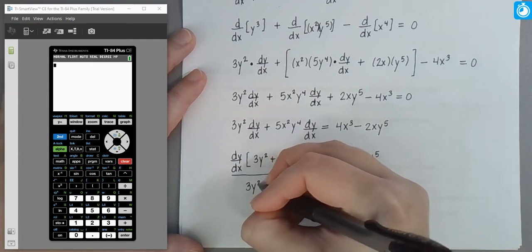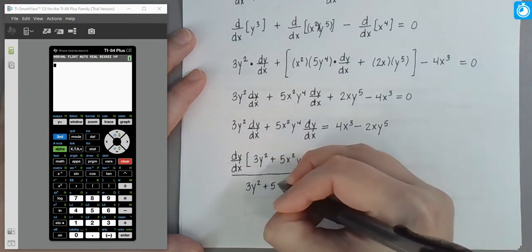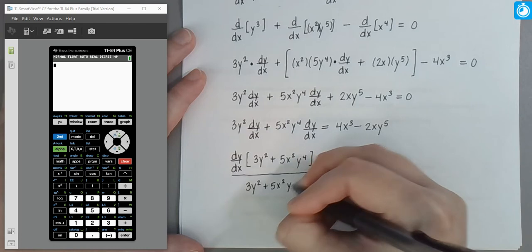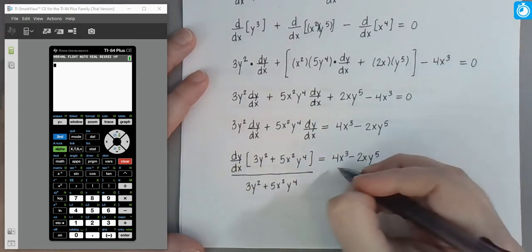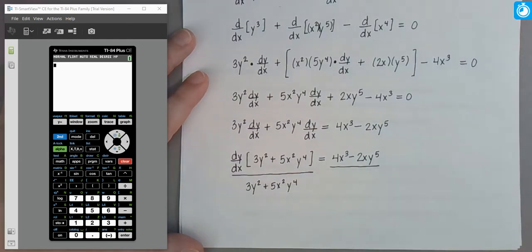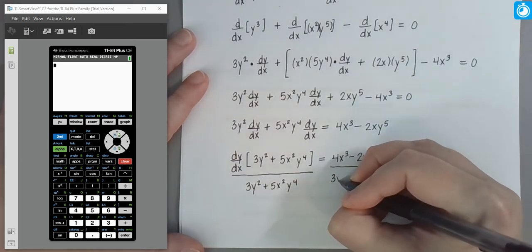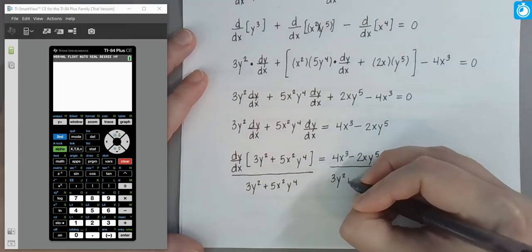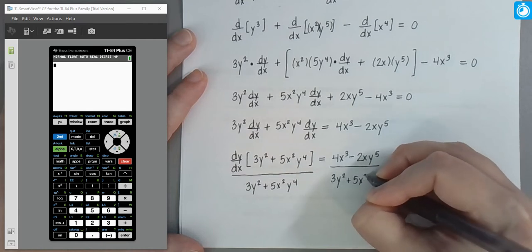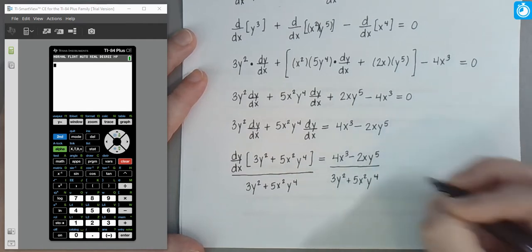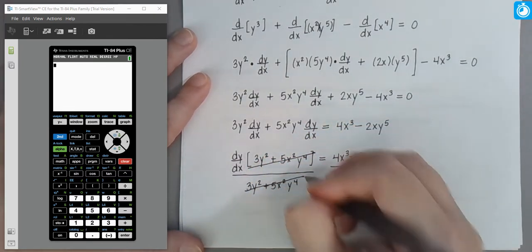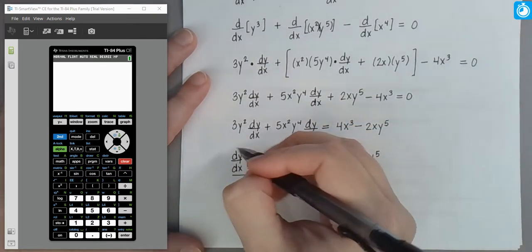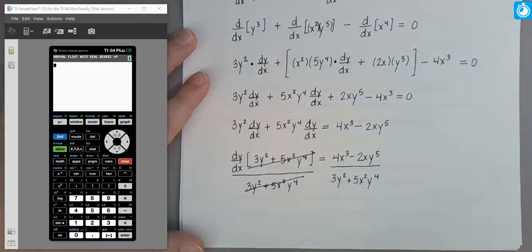So 3y squared plus 5x squared y to the fourth. Notice I'm not dividing just one term at a time. I divide the whole factor. And whatever I do on one side, I have to do on the other side. So 3y squared plus 5x squared y to the fourth. So that eliminates that factor and leaves us with our dy dx.